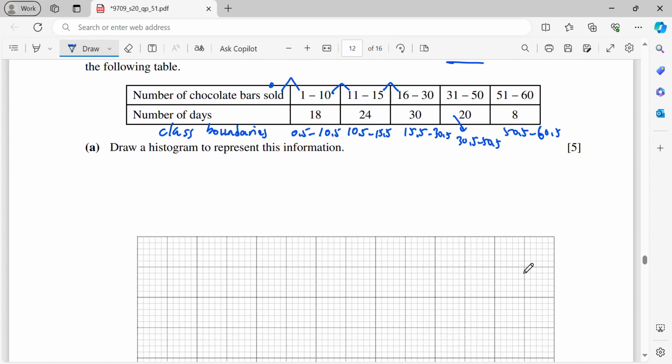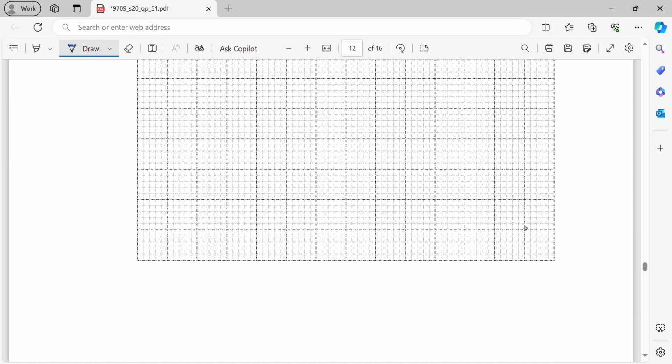From here, the vertical axis for the histogram is number of days, which is the frequency. Now, my class boundaries will be 0.5 until 60.5. So here, I'll just draw a bar. Let's say this is 0.5. Or probably, I will just label directly here as 0.5.